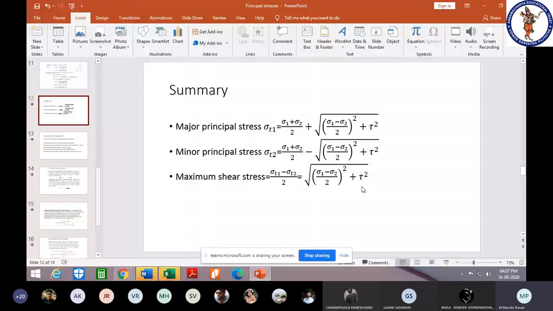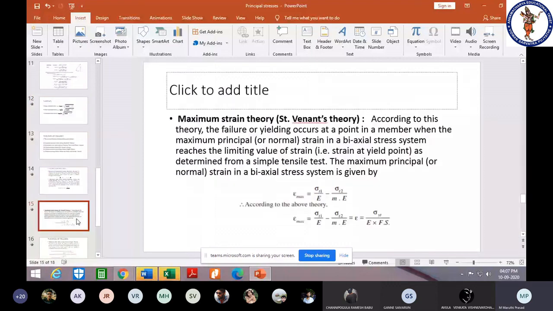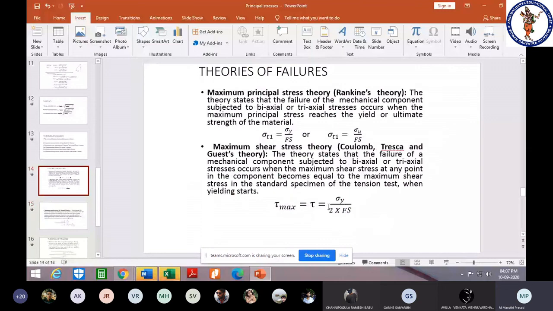So simply by equating tau max with tau, where tau is the allowable shear stress calculated from the standard specimen, the tension test, we get the yield point. The yield point divided by 2 gives the shear stress, which is divided by the factor of safety to get the allowable shear stress.